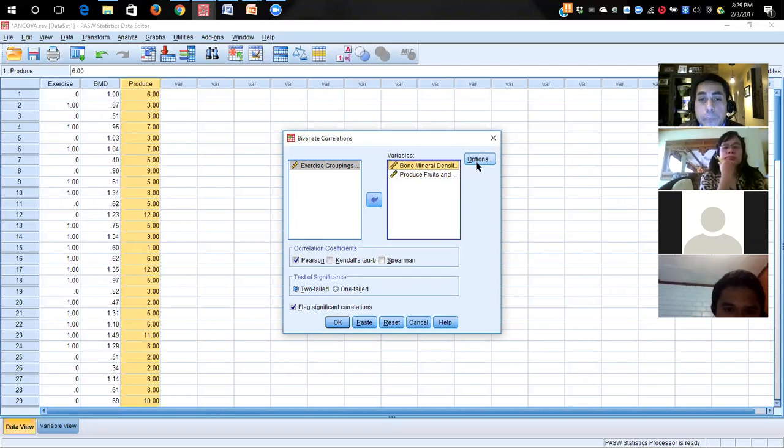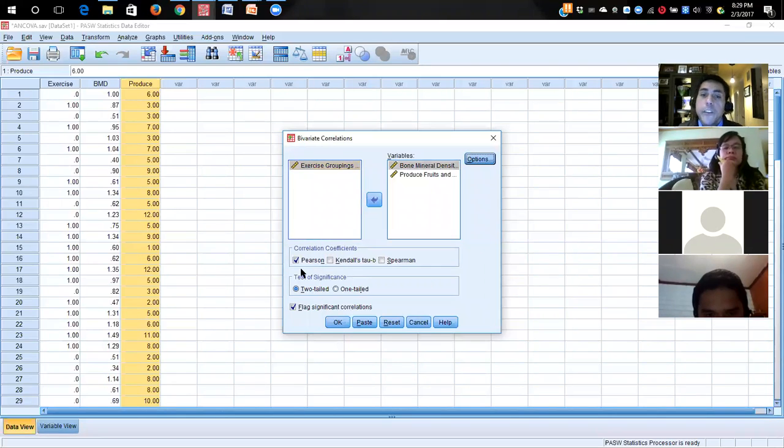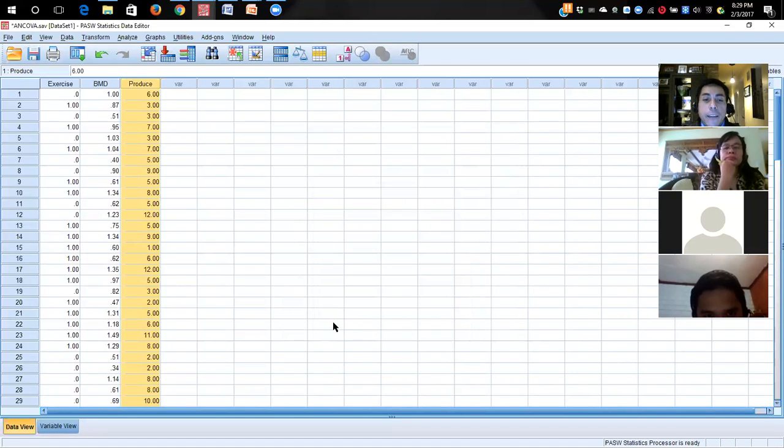We check for options. You can report means and standard deviations if you really want to know that. Continue. And then you do your Pearson's because we assume that this is normally distributed, which we will check after this. So here is our output.